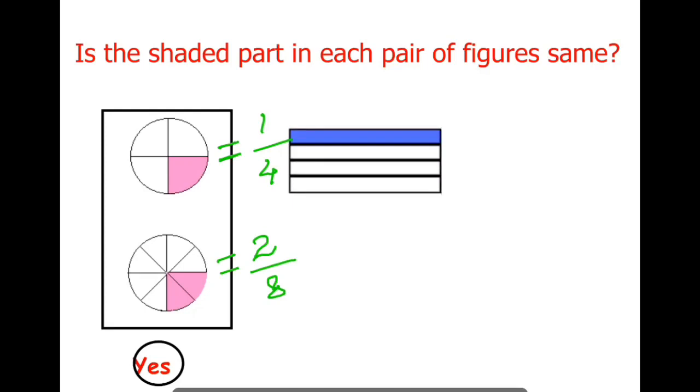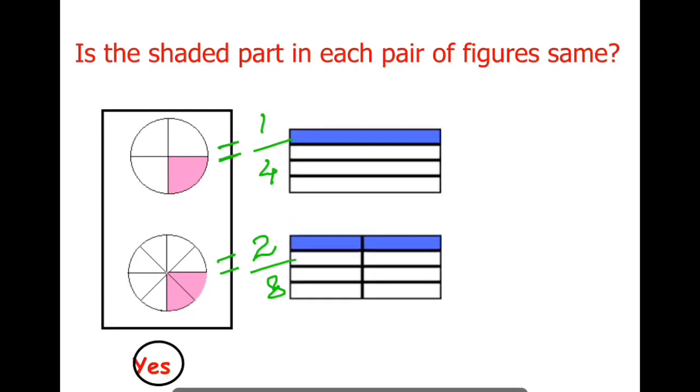This is another pair of figures. Yes, we can see it here. This is one figure and this is the second figure, and these two figures combined form a pair of figures. Now you have to tell whether the shaded part is same or not in these two figures.